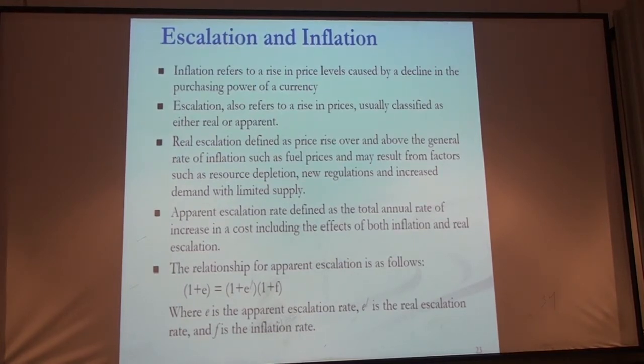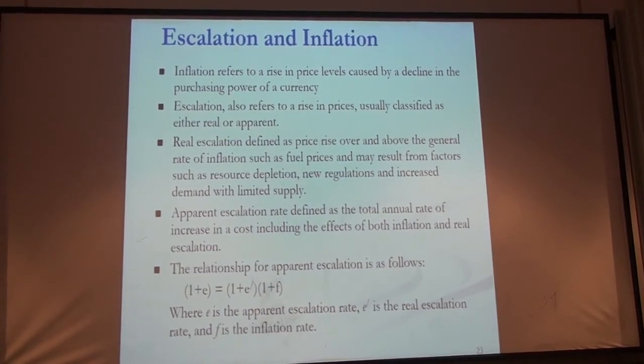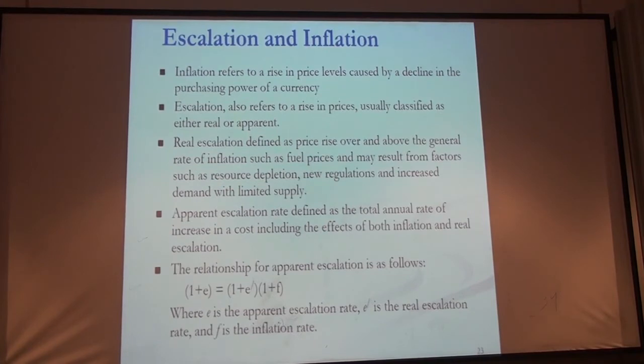This is not only the printing of currency, by the way. It is also when the banks create loans. They create money basically out of nothing. And when they create loans, they cause inflation.